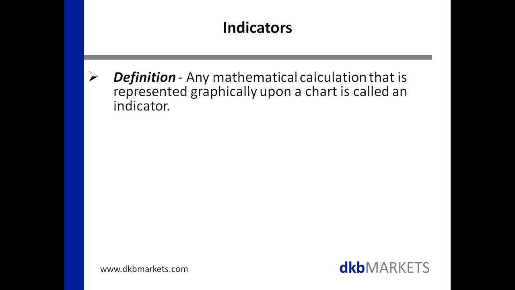Just to simplify it for you, I always say if you see anything on a chart other than price and time, anything other than price and time is an indicator. So that's another simple way to think about indicators.